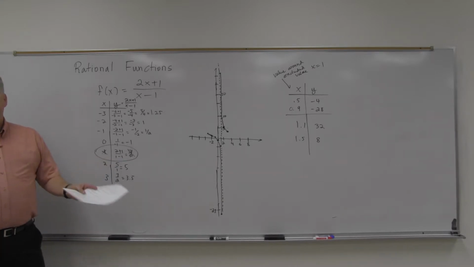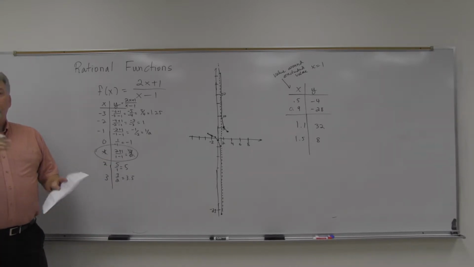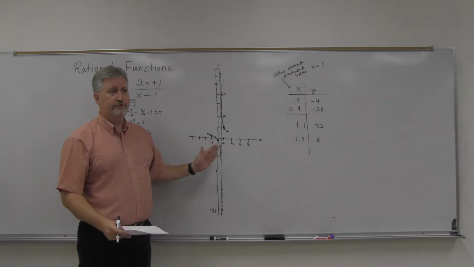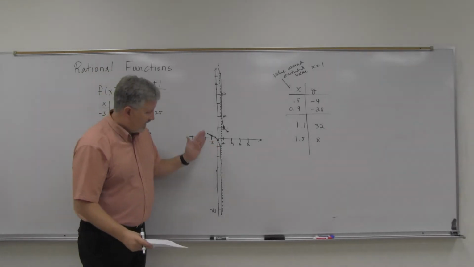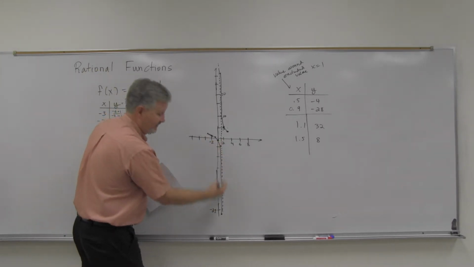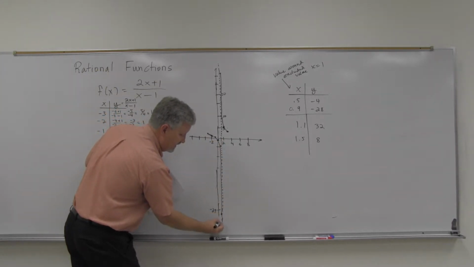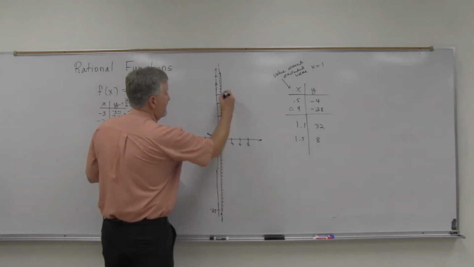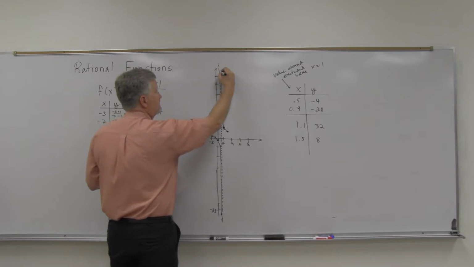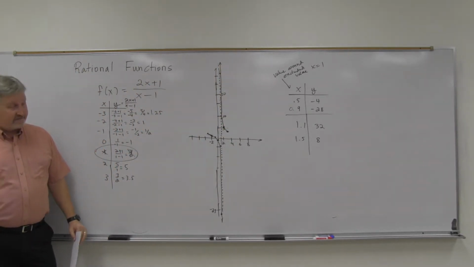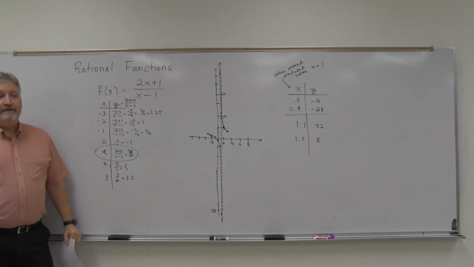I mean, that line is technically not there, but I'm not going to be able to cross that line because x can't be equal to 1. However, what I see is as I get closer and closer to x equals 1, these values are headed down, negative infinity, if you want to say it that way. As I approach it on this side, these values are getting larger and larger. They're going to infinity, positive infinity.